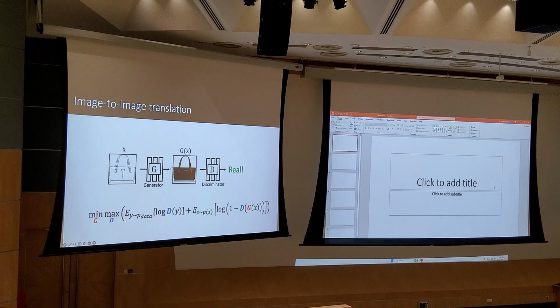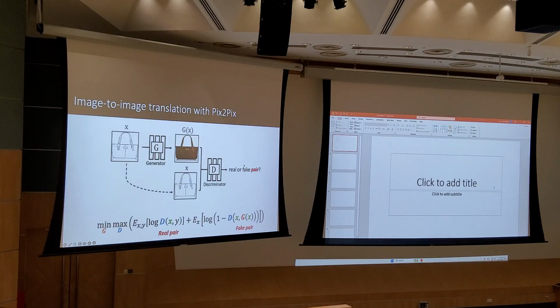I can generate an entirely different bag here that looks different to this input, and the discriminator will still predict it as real, because the discriminator doesn't have any reference. For example, if I have this as our input to the generator, it produces this. The discriminator will not be able to tell that this doesn't match with the input. That's the problem of this kind of direct implementation.